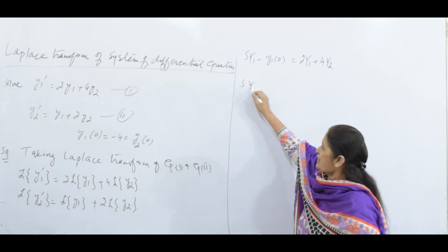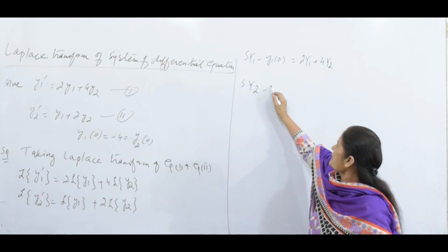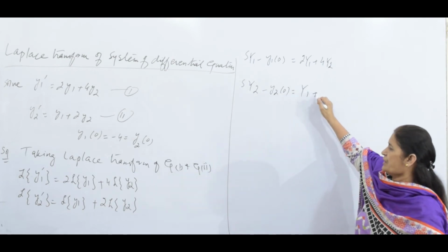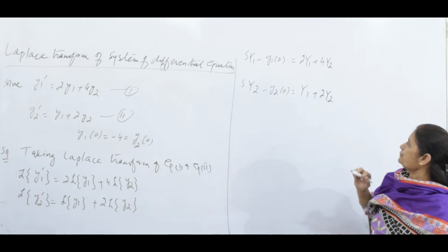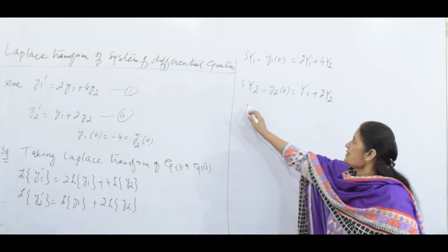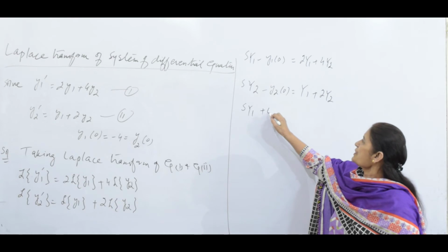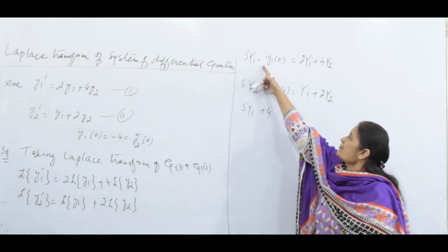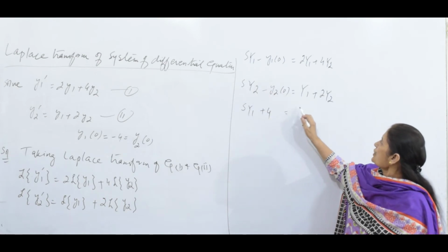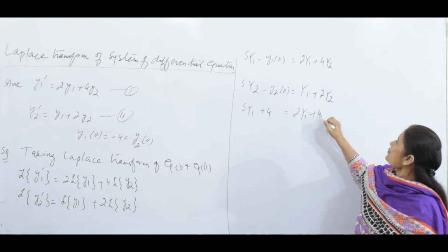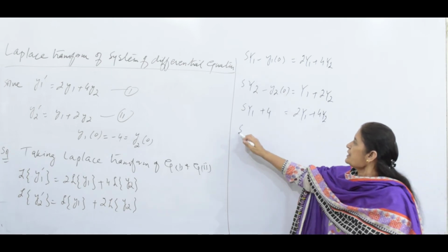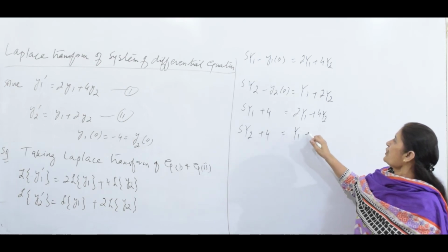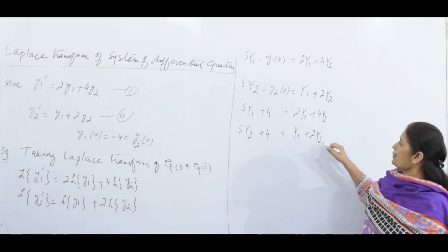Similarly, sY2 minus y2(0) is equal to capital Y1 plus 2 times capital Y2. Putting the initial condition: sY1 plus 4, because y1(0) is minus 4 and there is a minus there, minus becomes plus, 4 is equal to 2Y1 plus 4Y2. Similarly, the other equation sY2 plus 4 is equal to Y1 plus 2Y2.